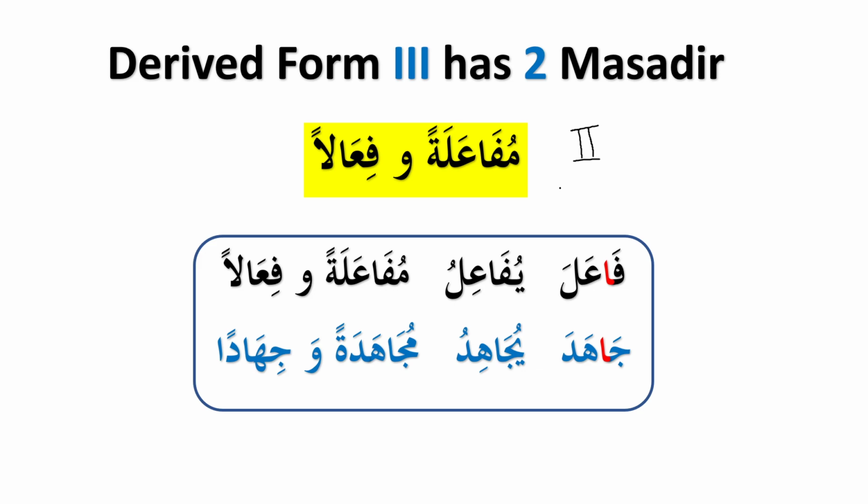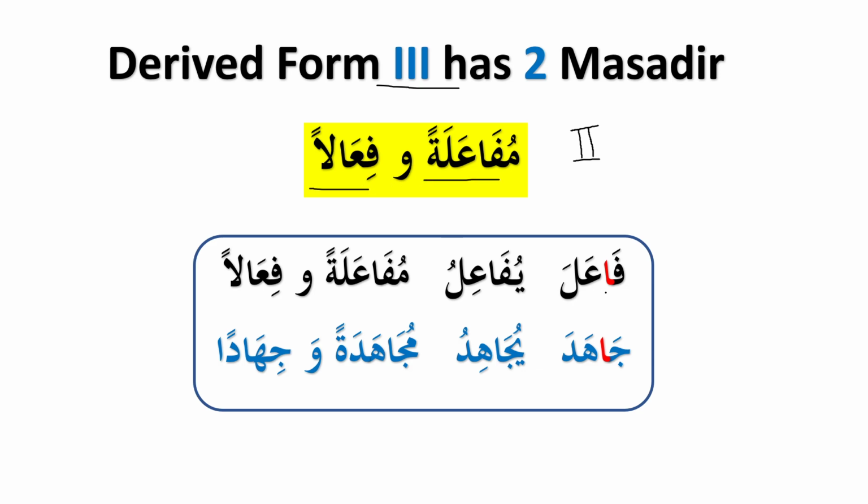For example, we have sabbaha yusabbihu tasbihan, and we have sammā yusammi tasmiyatan, hayya yuhayyi tahiyatan. So that one has two, and form number 3 also has two masadir: mufa'alatan wa fi'alan. What are those? Mufa'alatan wa fi'alan.